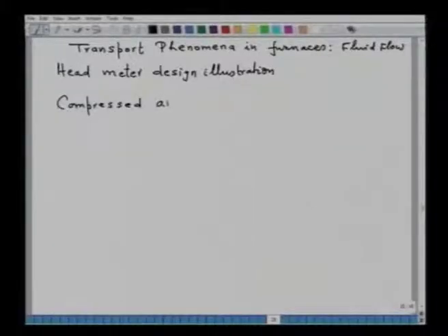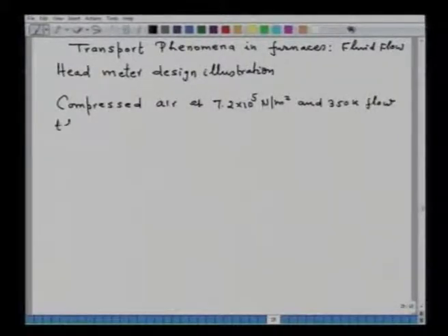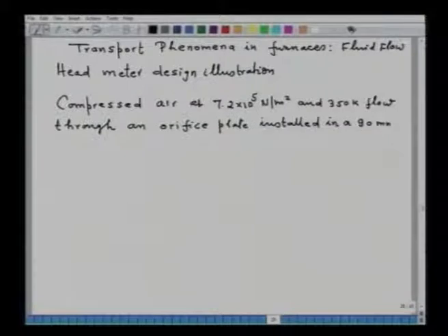So let us consider first of all, say, compressed air at 7.2 into 10 to the power 5 Newton per meter square pressure and 350 Kelvin flowing through an orifice plate installed in a 90 millimeter internal diameter pipe.